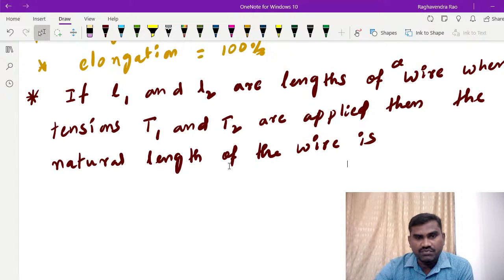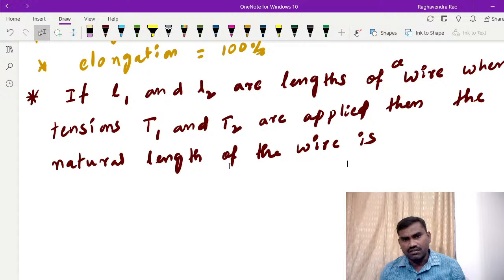Based on this point, they asked the formula directly in a previous NEET examination. L1 and L2 are lengths of the wire when tensions T1 and T2 are applied. What is the natural length of the wire?